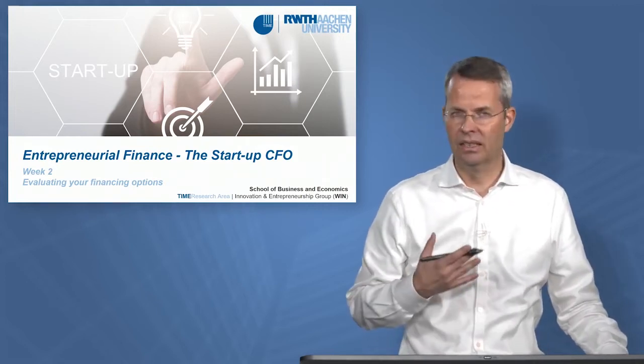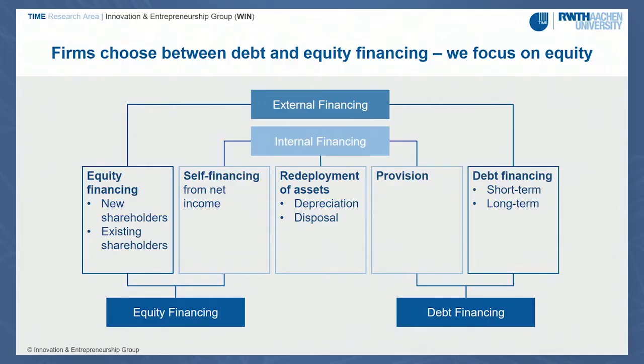First of all, I'd like to start with a very general picture on financing, which is choosing between debt and equity. So what is the difference between debt and equity? Debt is capital which is given to you, still belongs to other people, and you have to give it back plus interest.